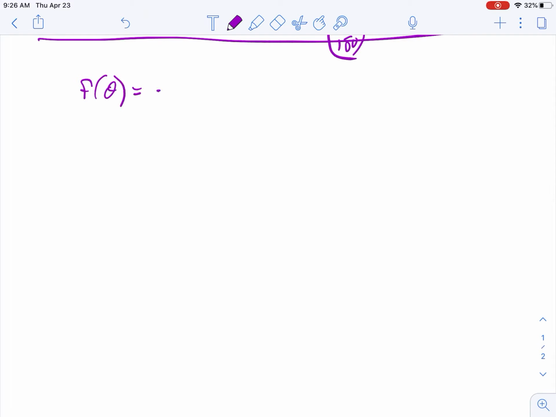So let's start off with, say, f of theta equals negative 3 cosecant, and I'm going to go ahead and factor out the 2: (2 theta minus 40 degrees) minus 5.